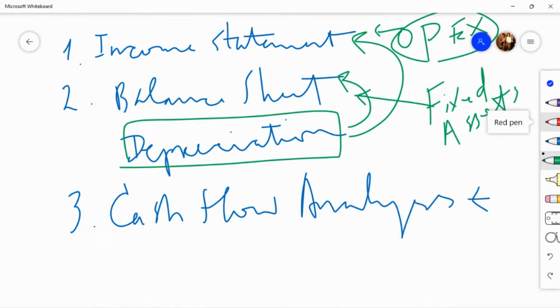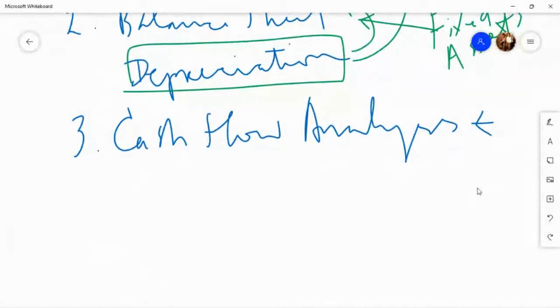Therefore, it's really worth dedicating some of our time to depreciation, because a lot of people understand depreciation as something that reflects the decline in the value of our physical assets.